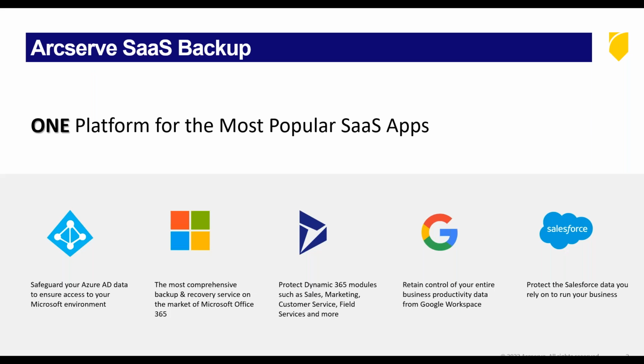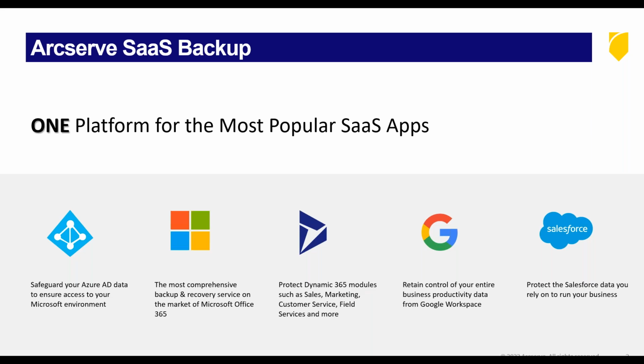Arcserve SaaS Backup is our new portfolio handling SaaS application backup. It is powered by Keepit. We don't actually develop it, but we OEM from Keepit. It is one platform for the most popular SaaS applications like your Microsoft M365, Google Workspace, Azure AD, Salesforce, and Microsoft Dynamics 365.